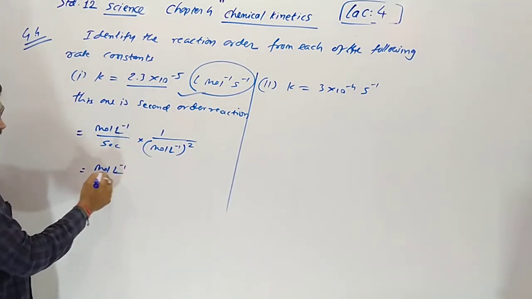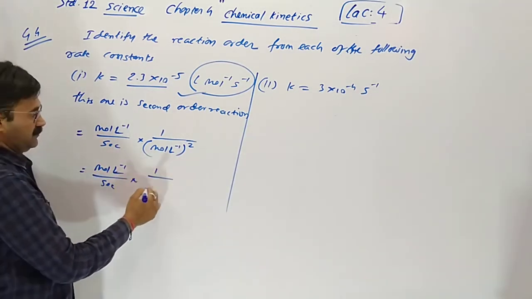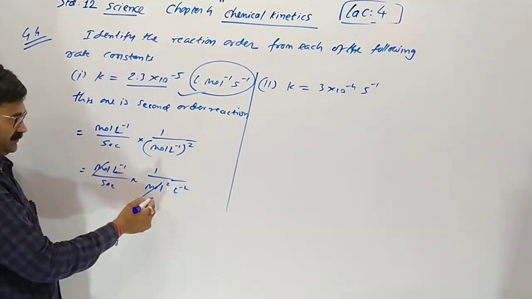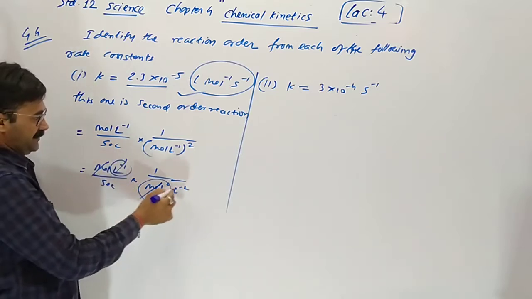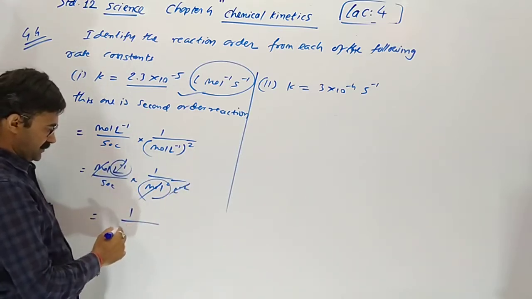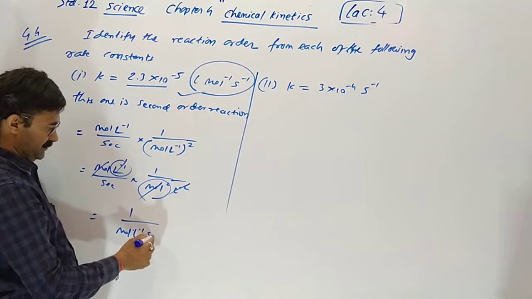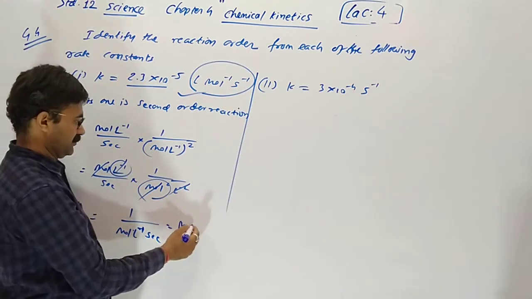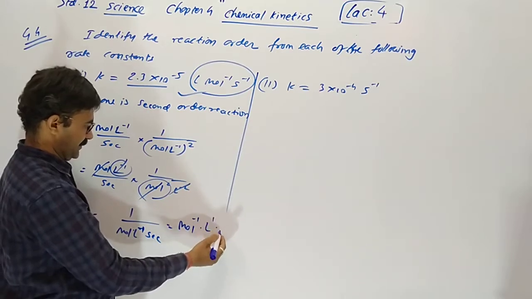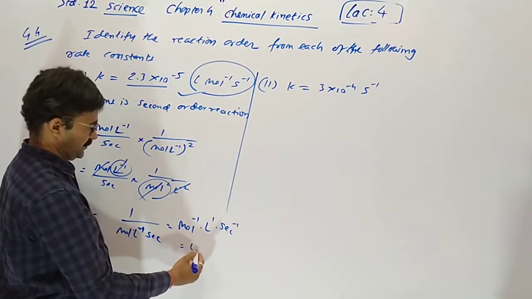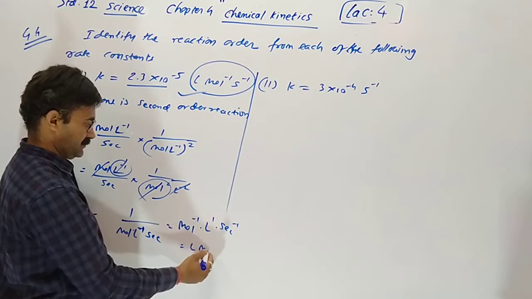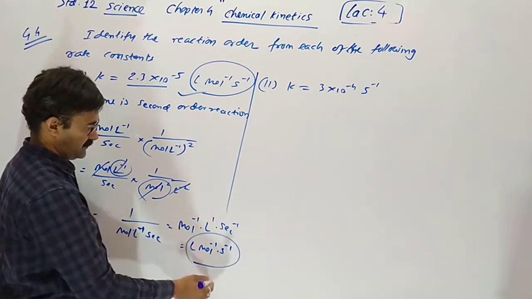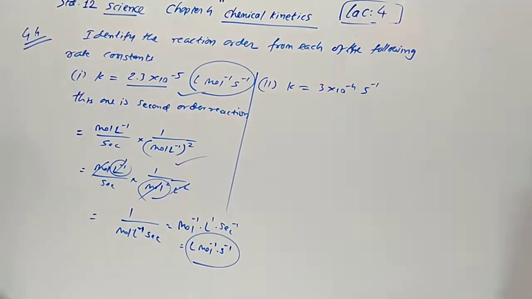So mole per liter per second, mole raised to -2 and liter raised to 2. Mole cuts, 1 time remaining. Liter inverse cuts, 1 time remaining. So 1 upon mole, liter inverse and second. When we take it upward, it is mole inverse, liter raised to 1, second inverse. So it is a second order reaction.